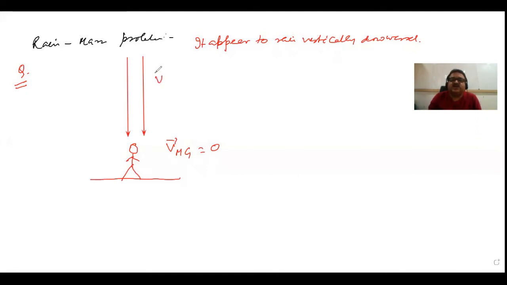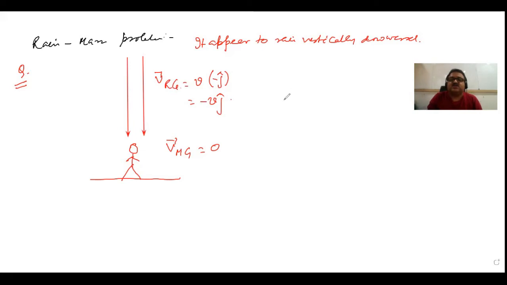The velocity of the rain with respect to the ground is, say for example, V. Now it is falling downward, so it is towards negative y-axis, so we should write it like this: minus V j cap. Now, obviously, the man will open his umbrella in that direction where, according to him, the rain is falling on him.